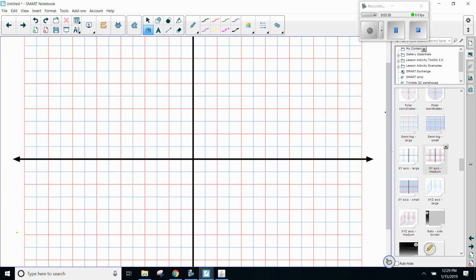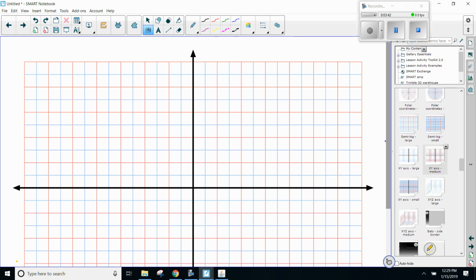This one says the center lies in the first quadrant. Where's your first quadrant? Top right. Here's your first quadrant. So the center lies in the first quadrant, and it says that it is tangent to x equals 8. What does x equals 8 look like?